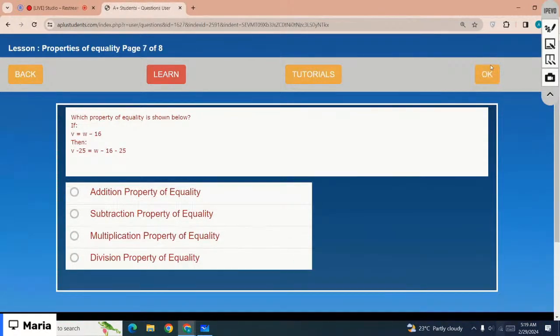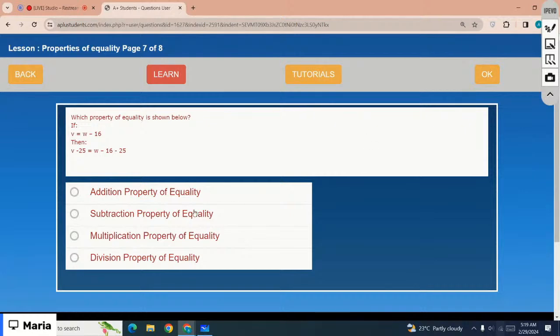Which property of equality is shown below? Which is the correct option? That is the subtraction property of equality.